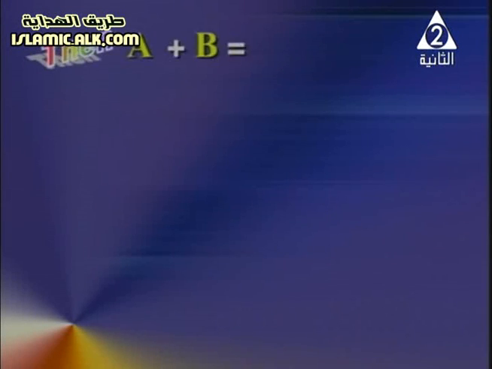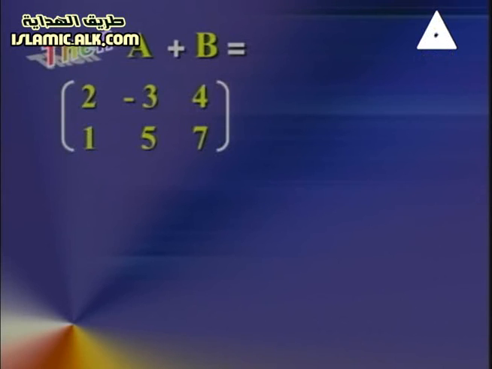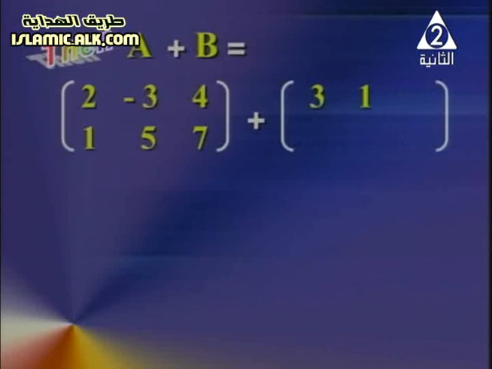When we add A plus B, we add 2, -3, 4, 1, 5, 7 plus 3, 1, 5, -1, 2, -4.